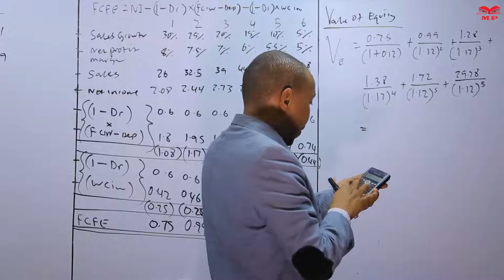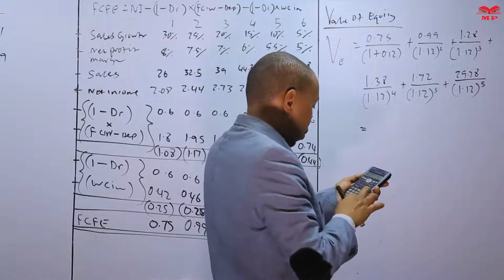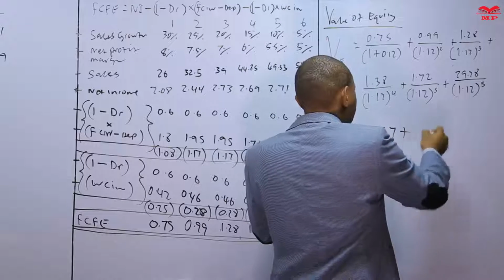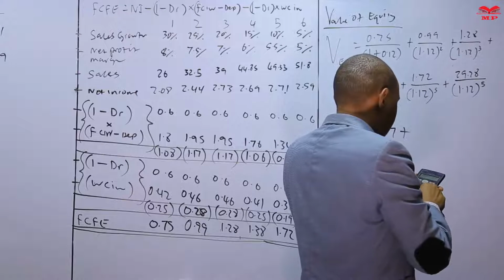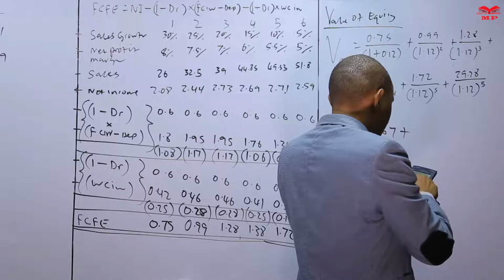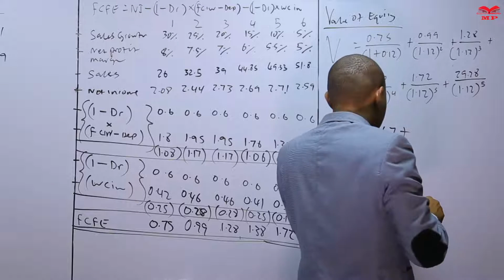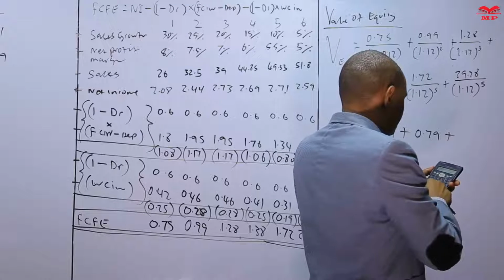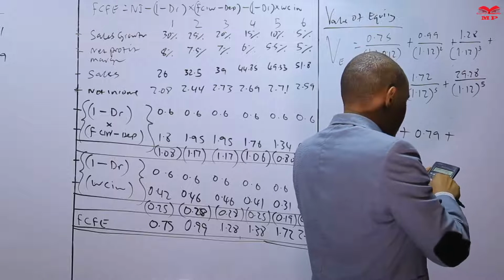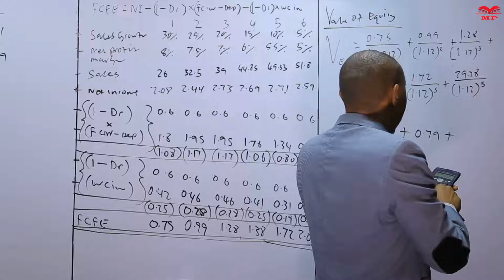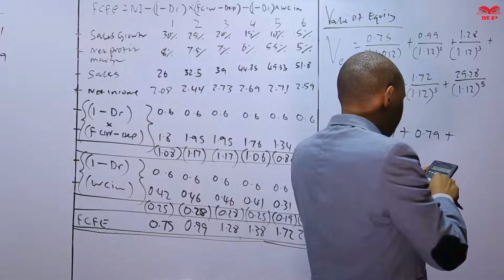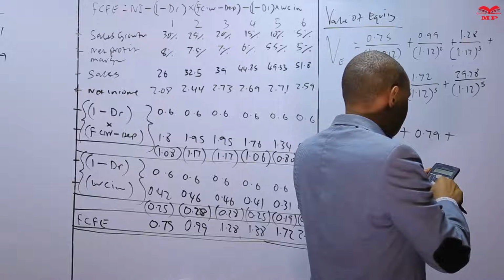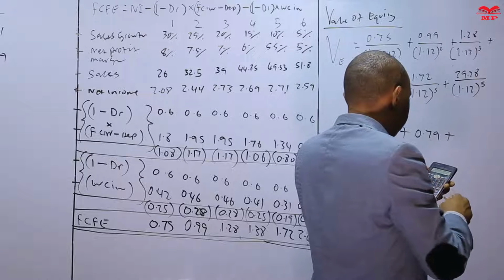So we have 0.75 divided by 1.12, 0.67, plus 0.99 divided by 1.12 squared, 0.79. 1.28 divided by 1.12 cubed, we get 0.91.